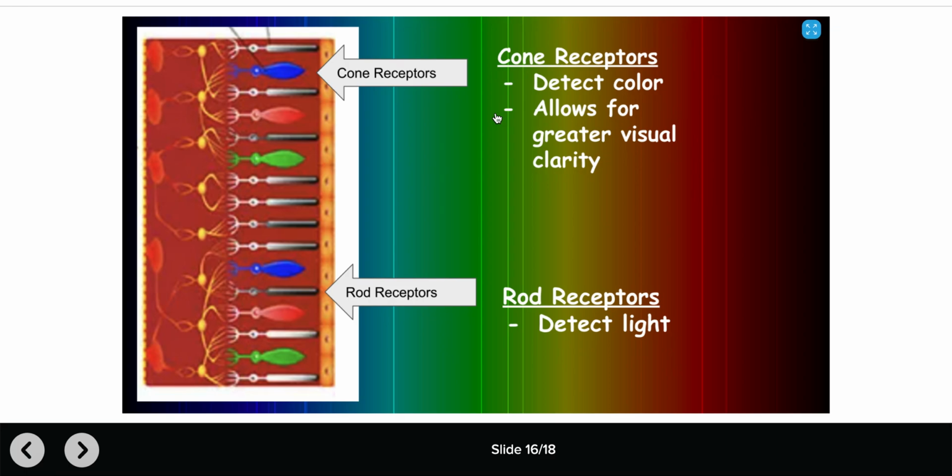Crazy, right? And as for the rod photoreceptors, they have one very important job. They detect light. That's about it. They're not responsible for giving you great visual acuity or any fine details. Just detecting light. That's it. So if you were born without cone photoreceptors, your vision would be kind of blurry, unclear, and just gray and very dark. Wouldn't be very exciting.